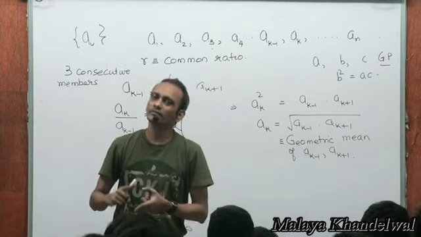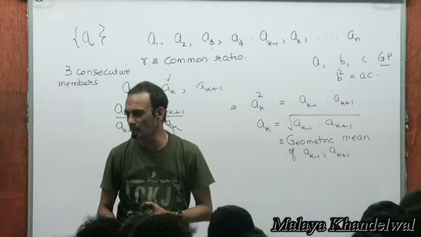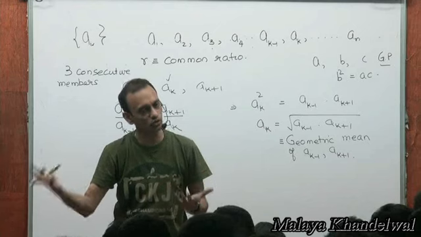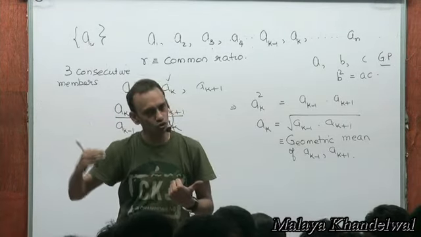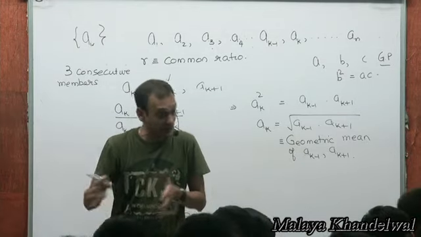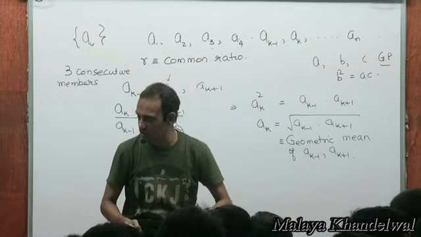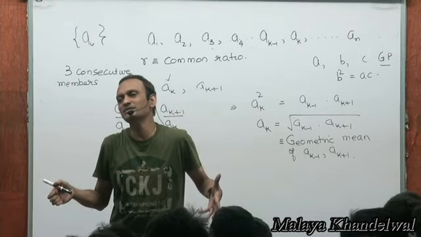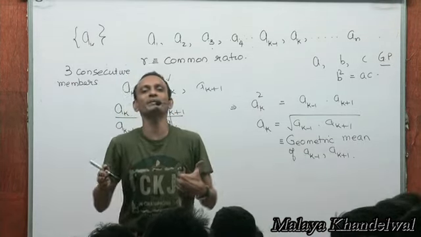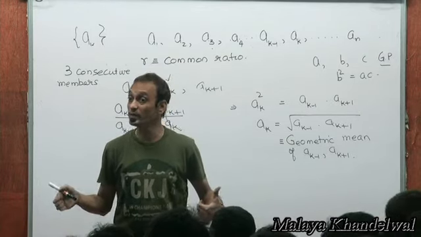In a GP, common ratio is a property, any term by previous term is equal to the common ratio, right? Common ratio greater than 1, it's going to be an increasing GP. Common ratio lying between 0 and 1, it's going to be a decreasing GP, right? If you take three consecutive members A, B, C of a GP series, then square of the middle term would be the product of the two neighboring terms.